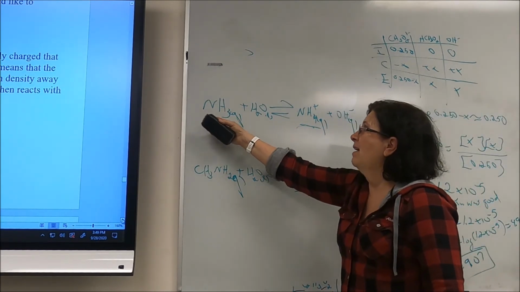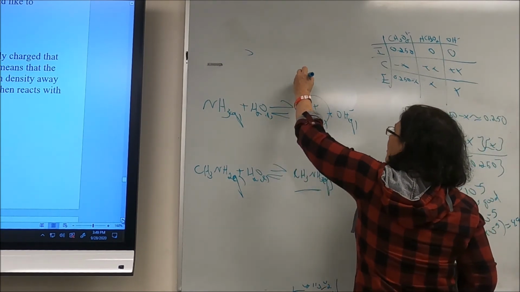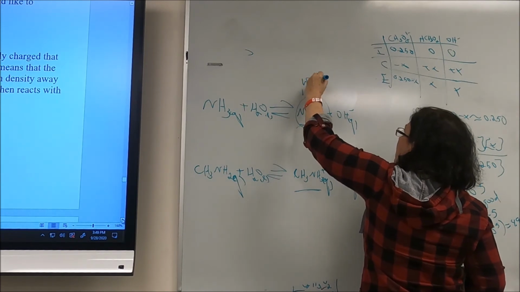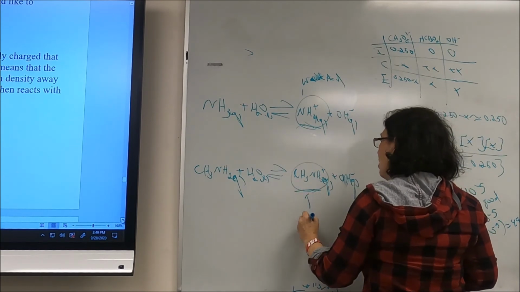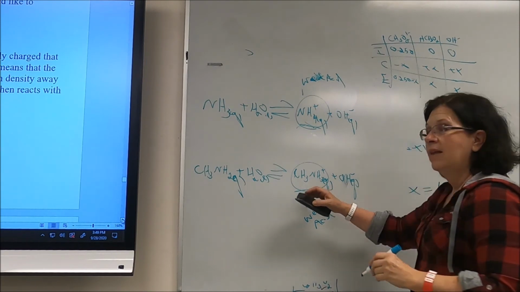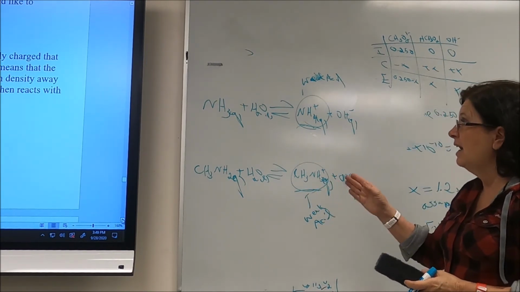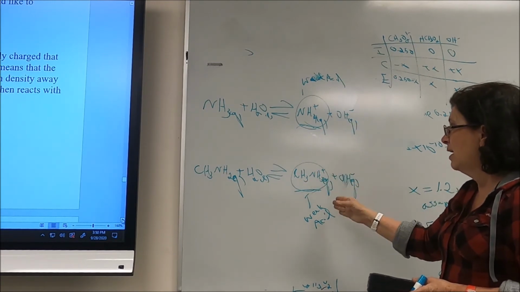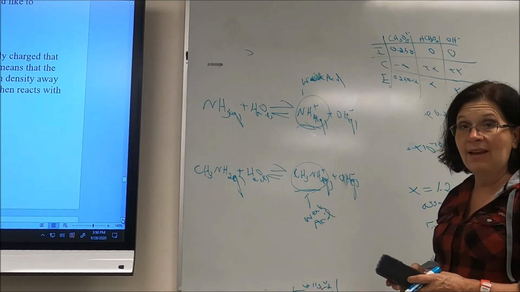If that's a base, then its conjugate is a weak acid. So this is a weak acid. This guy is also a weak acid. These are cations that are acidic in nature. Any conjugate of an ammonia or an amine is going to give me a cation that is a weak acid.